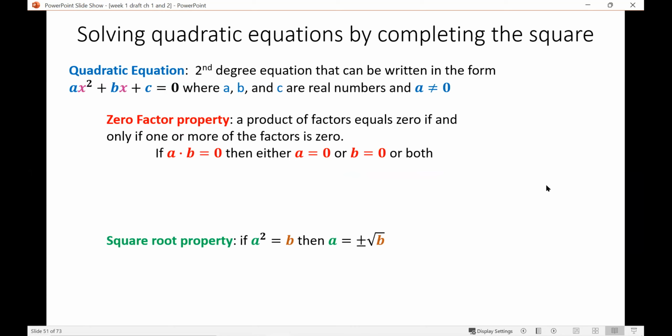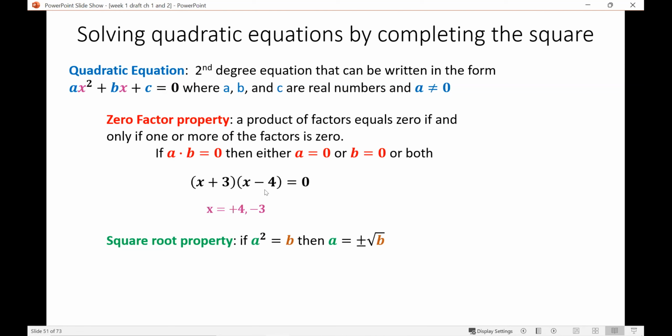So solving quadratic equations, we're going to use completing the square and the zero factor property. So keep in mind, a quadratic equation is a second degree equation that can be written in this form, ax squared plus bx plus c equals 0. And a cannot be 0. So like we discussed, our zero product property just has us set our equation equal to 0 and then set each factor equal to 0 to figure out what values of x make those factors 0.